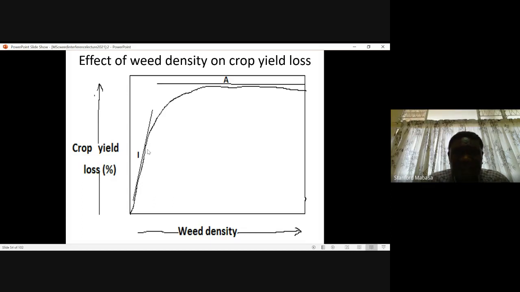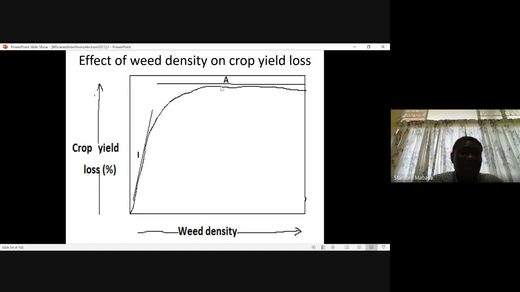And these become indices for competition for various weeds. We can tell whether a weed is highly competitive or not by using these values. That was the important thing about Cousens' study. And you'll find out that it is the common approach which is used to estimate crop yield loss due to weeds.